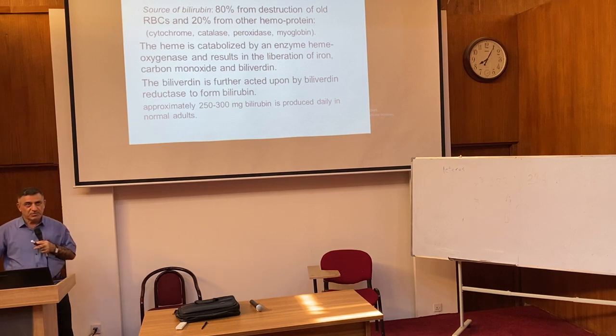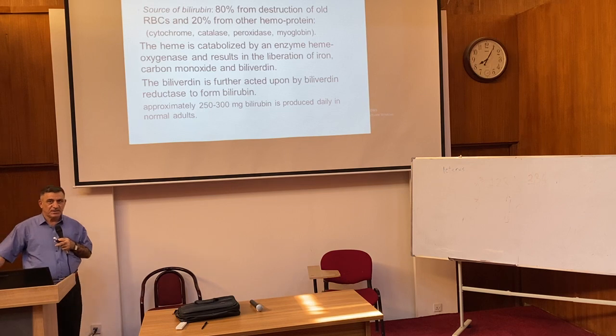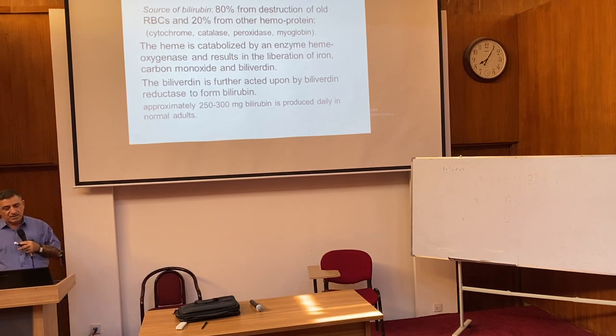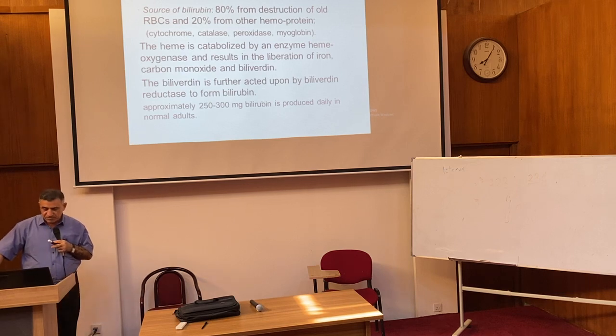When they are old, or called senescent RBCs, usually they are destroyed in the reticuloendothelial system, or the monocyte macrophage system of the body, mainly in the spleen, liver, and bone marrow. The other sources come from the heme containing proteins, like cytochrome enzymes, catalase, peroxidase, and myoglobin of the muscle.